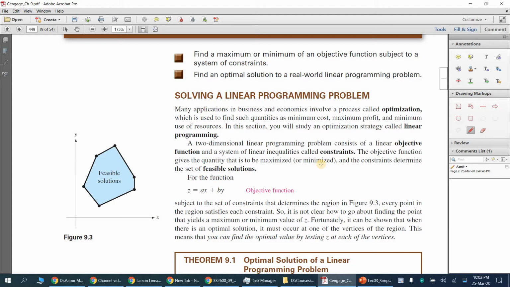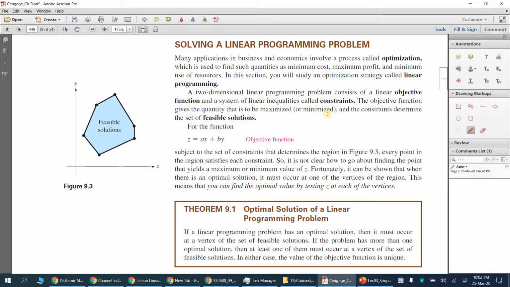Many applications in business and economics involve this, where they want to optimize something. For example, you want to reduce the cost, or maximize the profit, or minimize the use of resources. These are some of the things, and we already know it. It's linear programming.